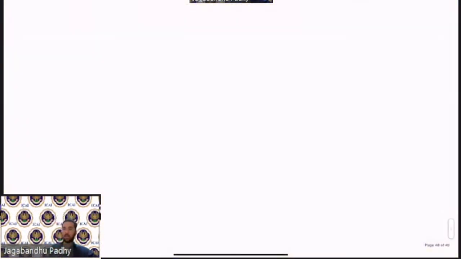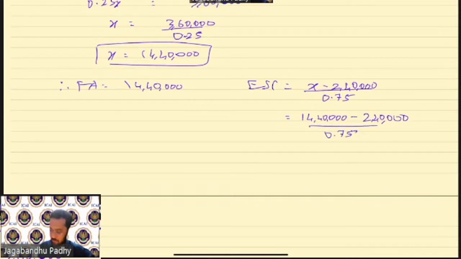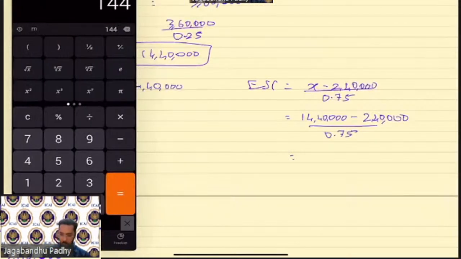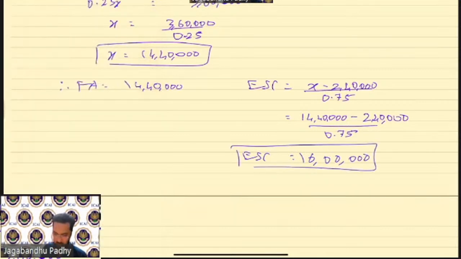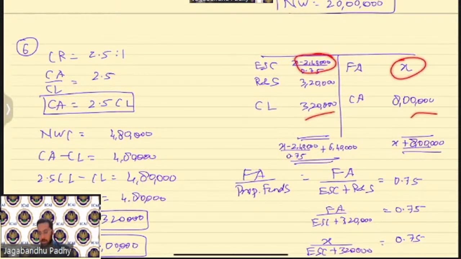That's x is 14 lakh 40,000 minus 2 lakh 40,000, divided by 0.75. So equity share capital is actually 16 lakh. On this side you will have 16 lakh, this side you will have 14 lakh 40, and that will tally it.